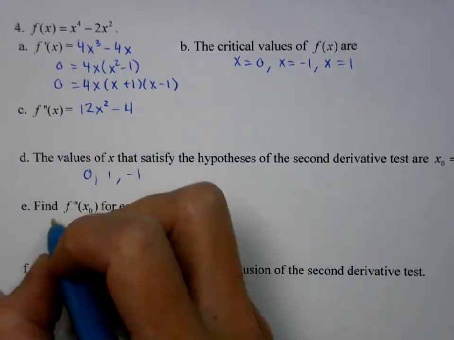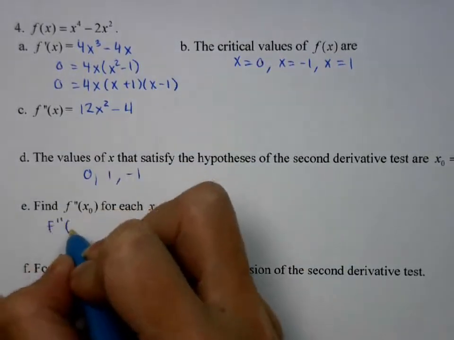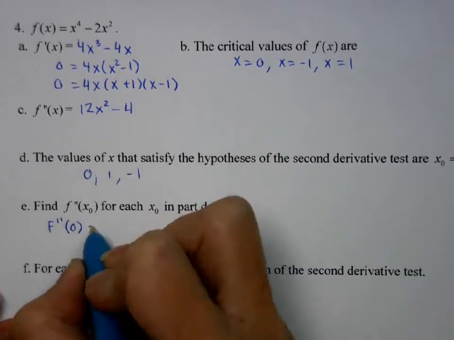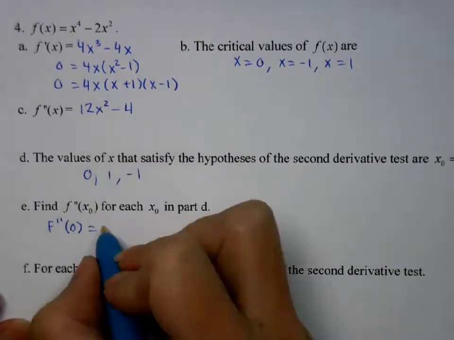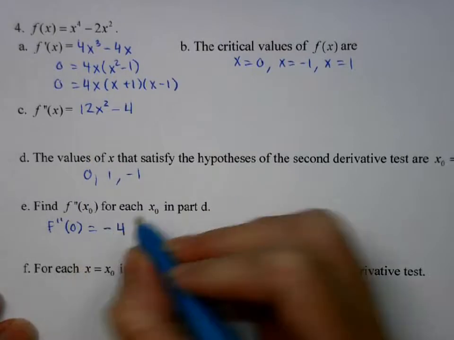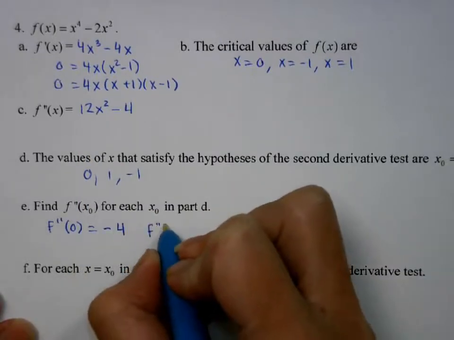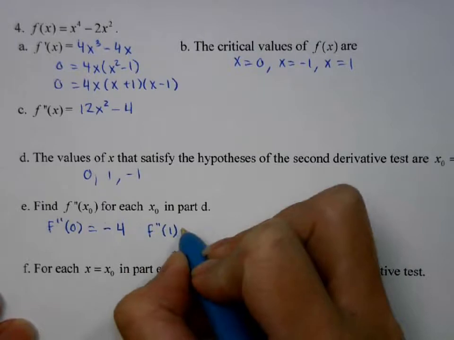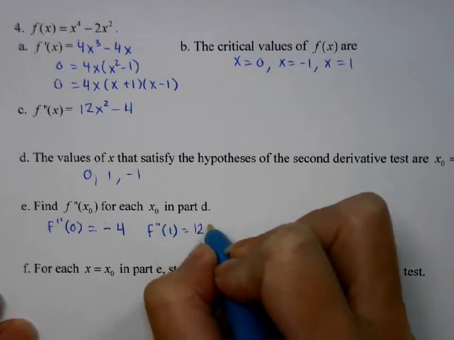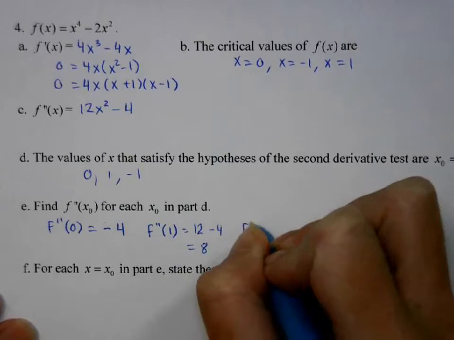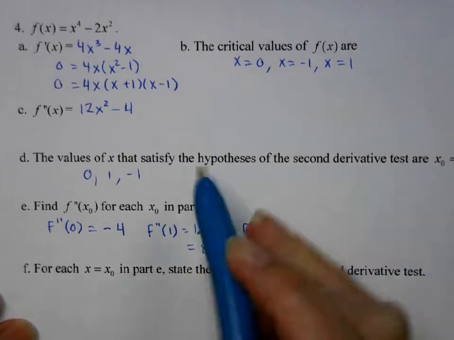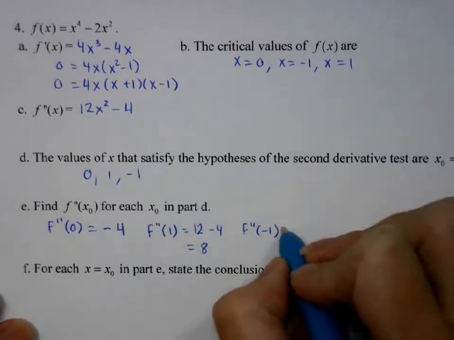The second derivative at 0, if I plug it in here, 12 times 0 squared minus 4 is -4. The second derivative at 1 is going to be 12 times 1 minus 4, which is 8. The second derivative at -1: negative 1 squared is 1, so again we have 12 minus 4 is 8.